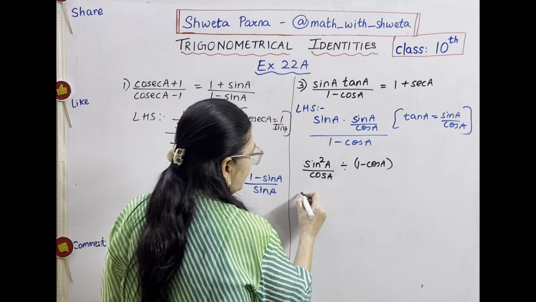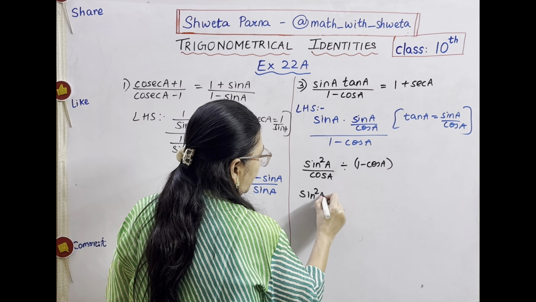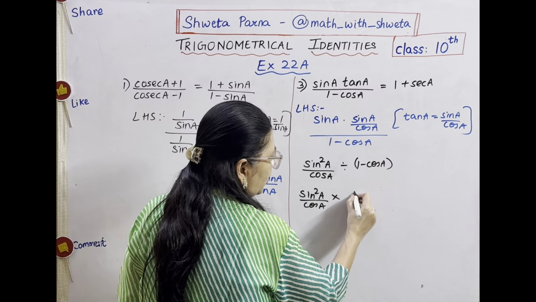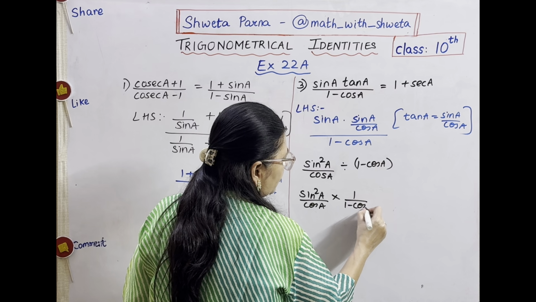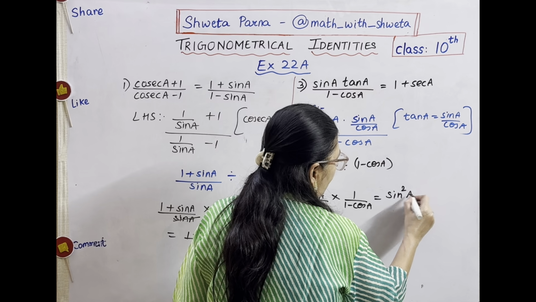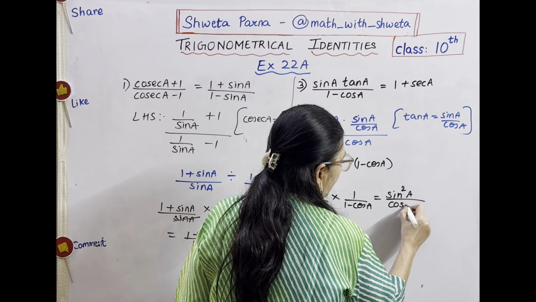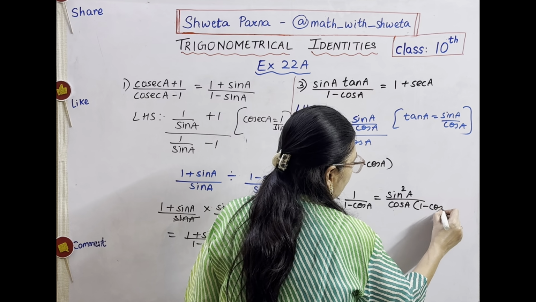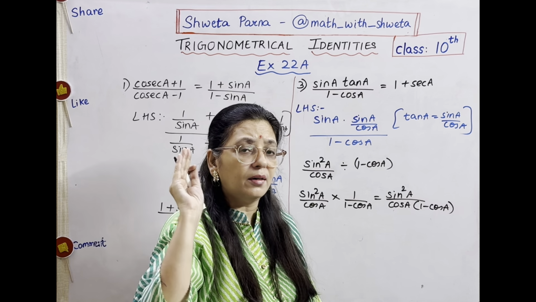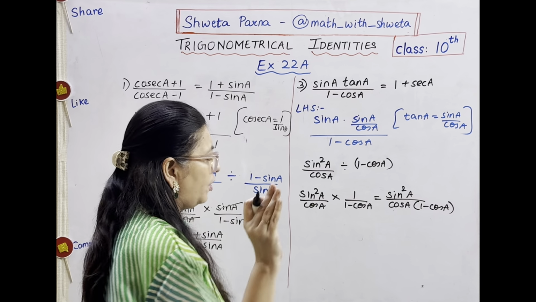So this is sin square A upon cos A into reciprocal, 1 upon 1 minus cos A. Now which were the three golden main trigonometry ratio relationships?